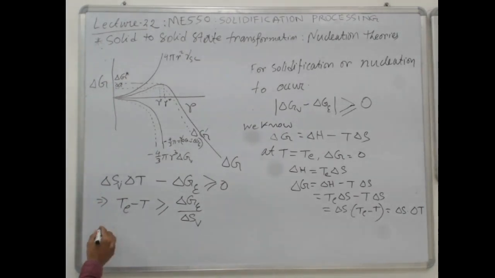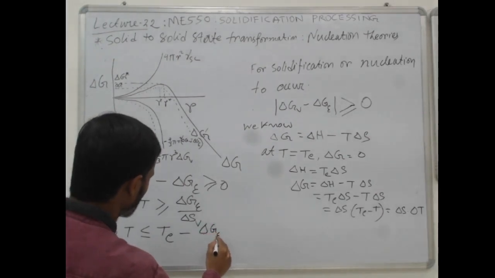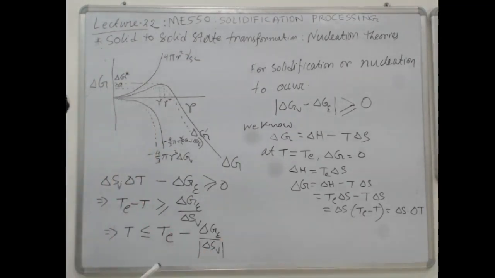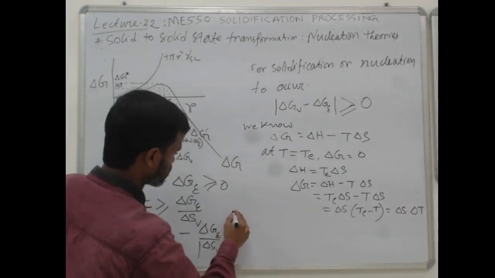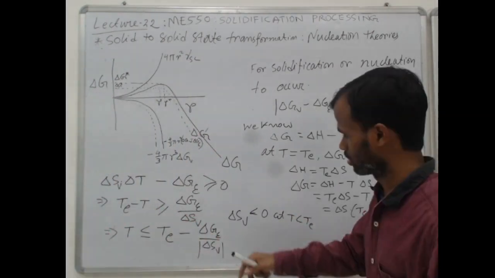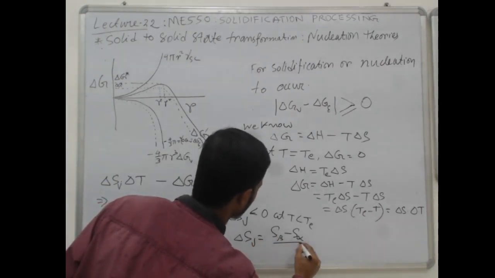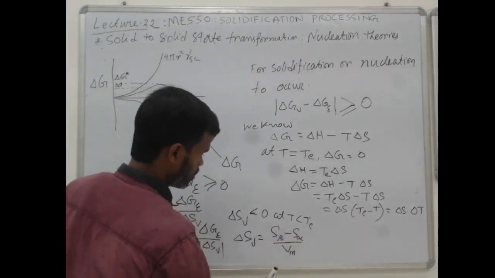Then if you take T to this side, T will be less than or equal to T E minus delta G E by delta S V. Remember, for delta S we have to take the value only, not the sign. Otherwise delta S V would be less than 0 at T less than T E. Delta S V will be S beta minus S alpha by the molar volume.